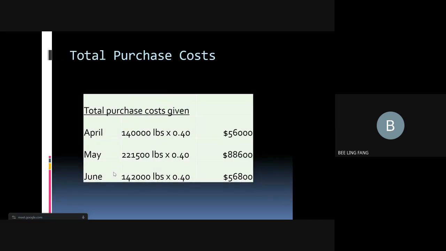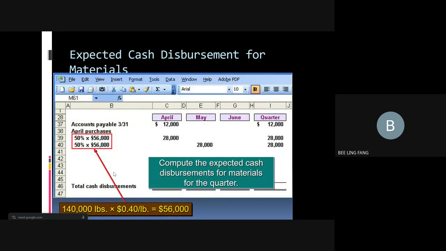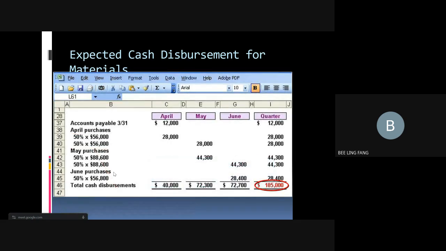So at the end, the total purchase cost is given, and you have the expected cash disbursement for the material. So this is 50%.